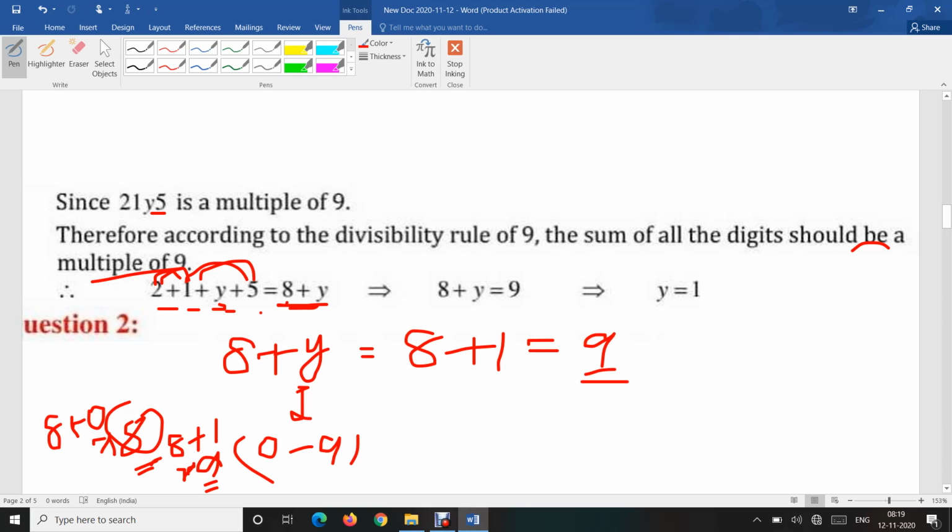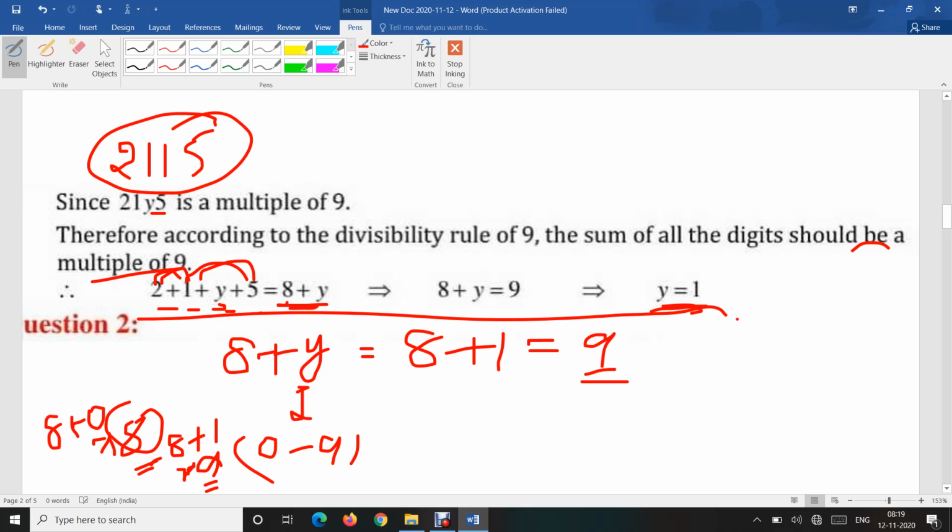So we can say that if y is equal to 1, this number can be 2115. So the answer is y is equal to 1. You can check for further values also.